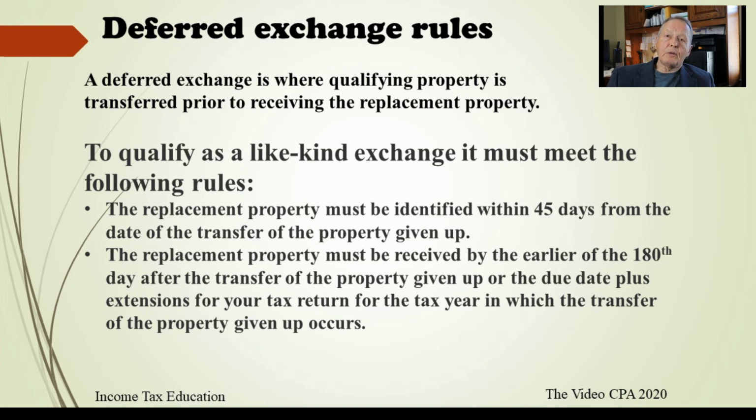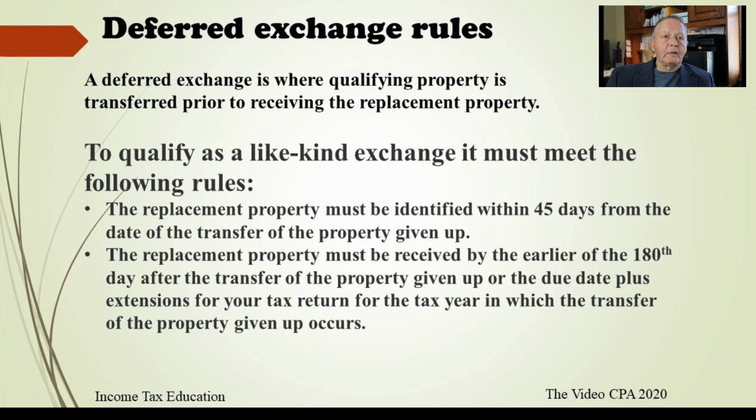So just be aware of that. So if you do something at the end of the year, for example, the end of 2019, that tax return won't be done if you extend it until October of 2020, so the exchange could actually be carried out through that time, which is really quite a long time.